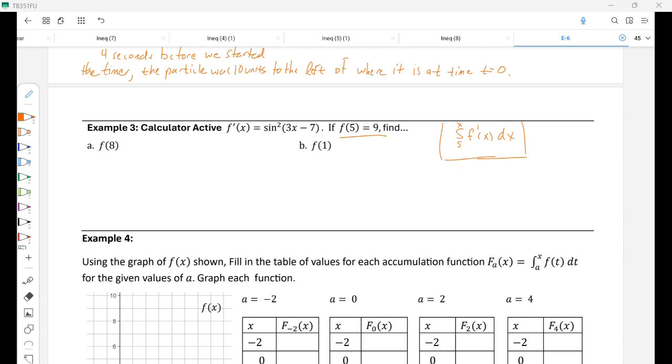So if I want to find f of 8, I'm just going to take f of 5 and then add the integral from 5 to 8 of f prime of x dx. The integral of f prime tells how f changes based on that rate f prime. And that is 100% calculator active.